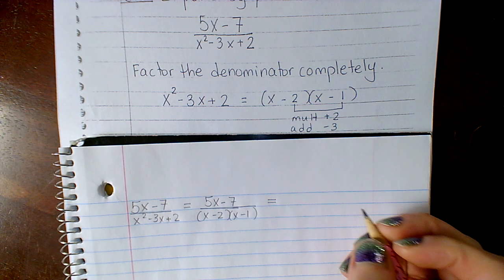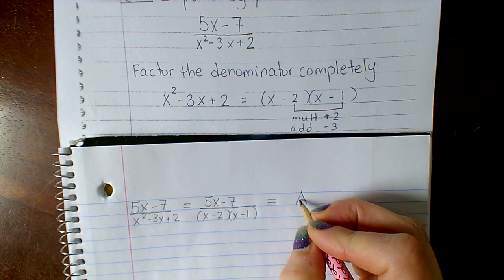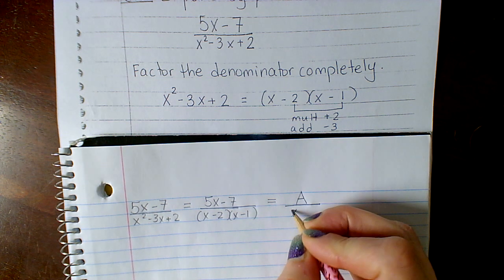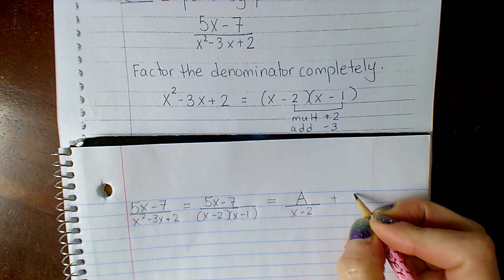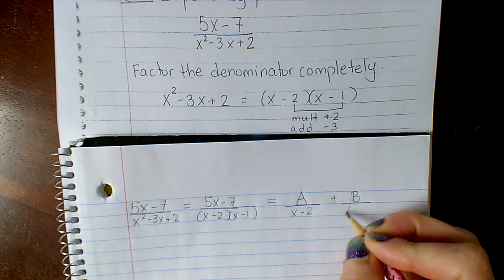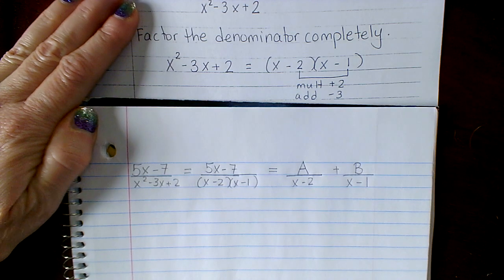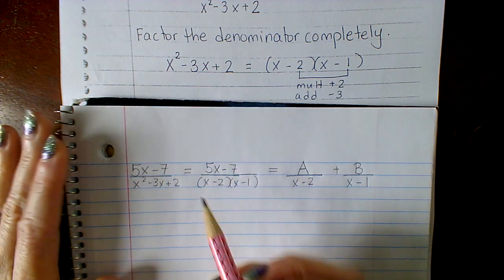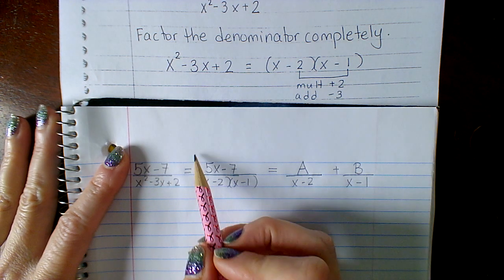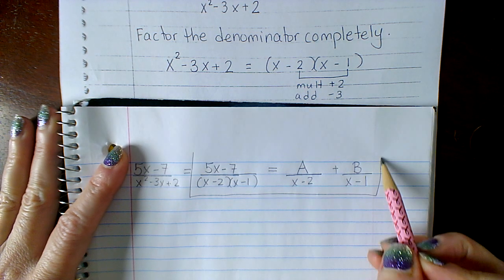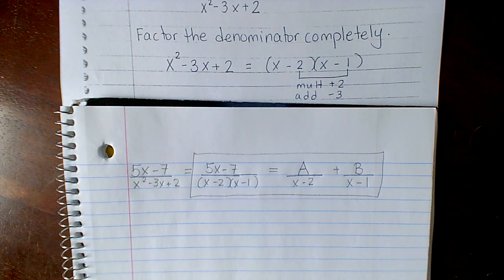This can be rewritten as some constant over x - 2 plus some other constant over x - 1. Notice how I broke apart that denominator. So I factored it first, and now this is my formula, so to speak, for partial fraction decomposition. So now I just have to solve this for A and B.